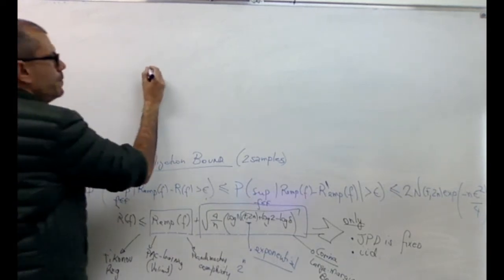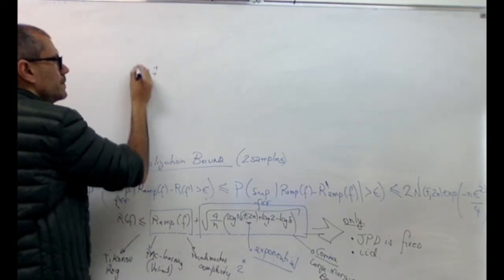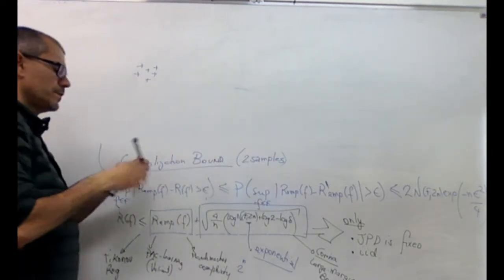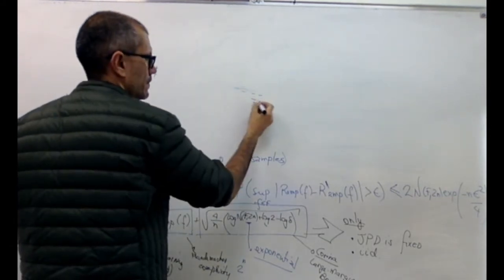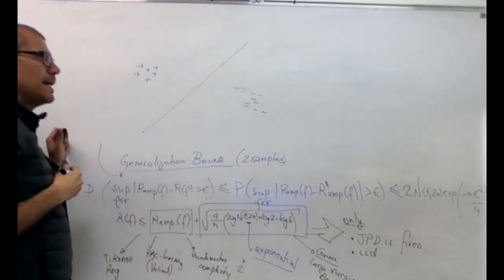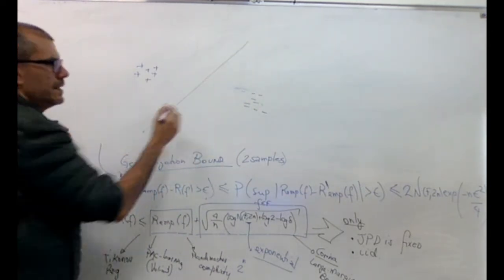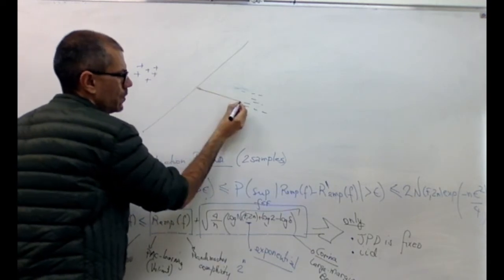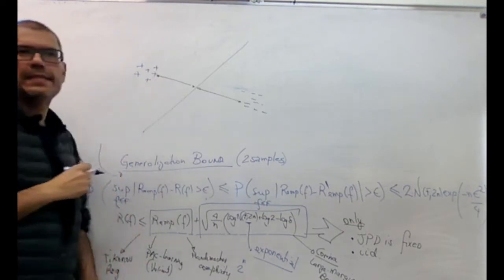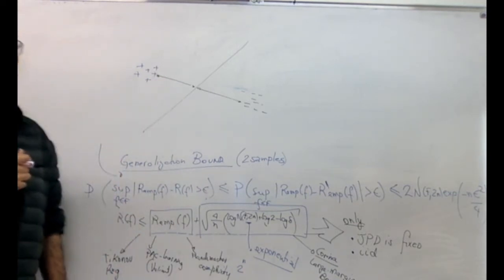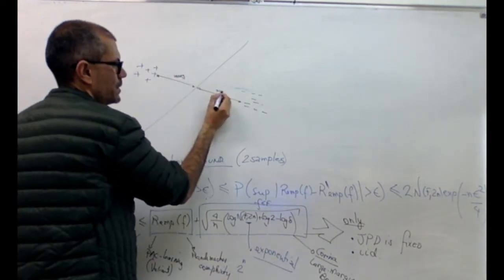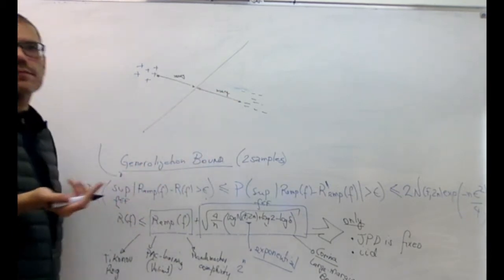If I have a bunch of positive points in a given space, and those points are very far from the negative points, and I build a hyperplane here having the largest possible margin from both data sets, the positive and the negative side, this is the margin, because both should be equal, right?